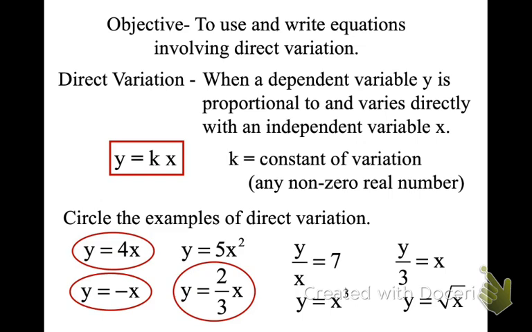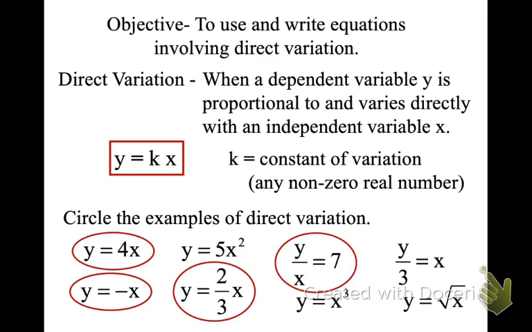Now, the next one, can you get it? If you get y alone, will it be in the form of y equals mx? Since it's y divided by x, I'm going to multiply both sides by x to get it alone, and then we get y equals 7x. So yes, this is a direct variation equation. It's just written differently.